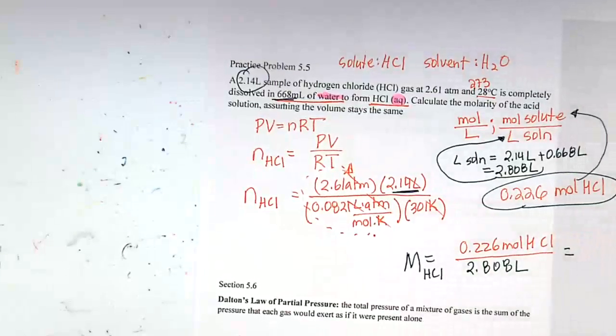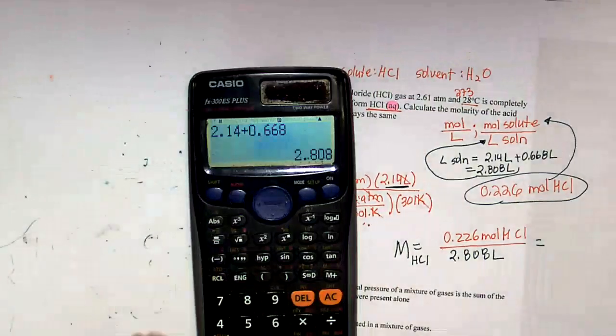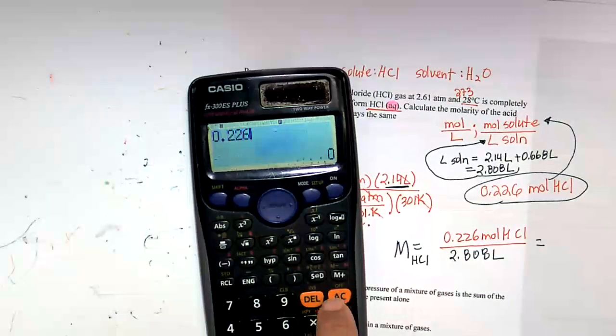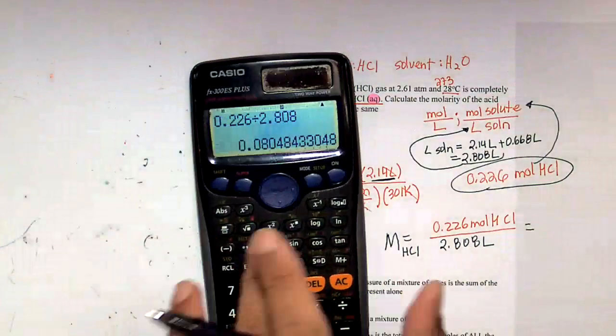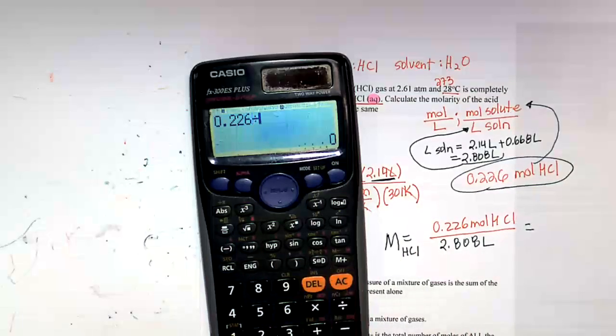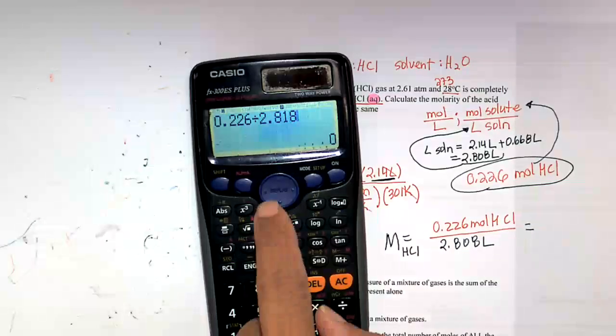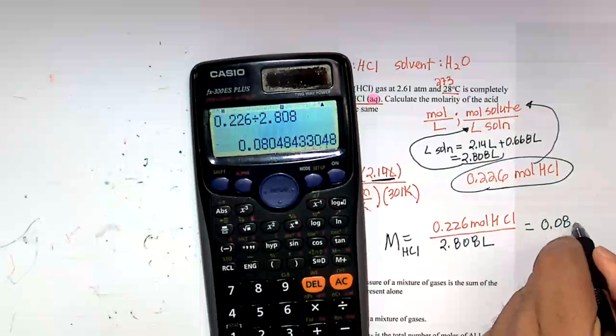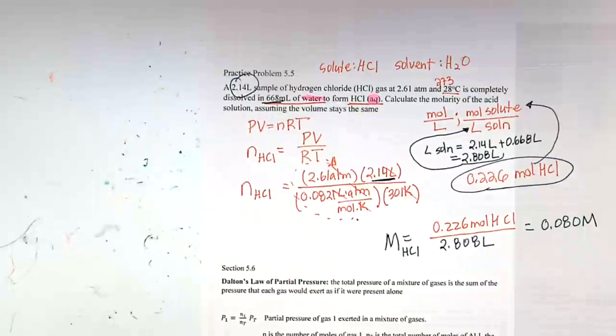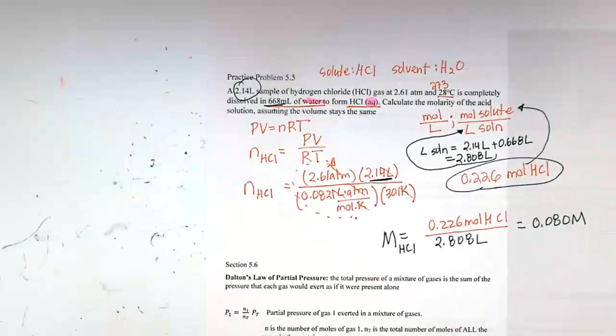And what do we do when we get that on our calculator? 0.080 or something, big M. That's the calculations you'll go through to get the molarity, the concentration of that solution.